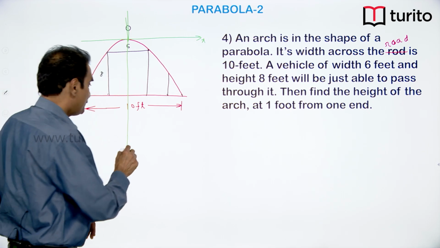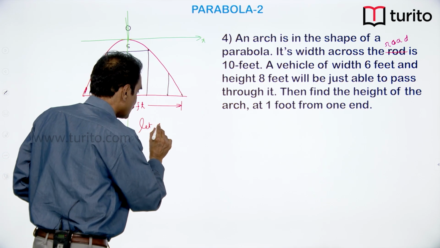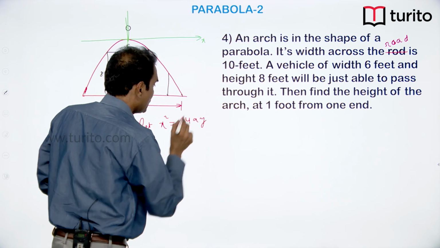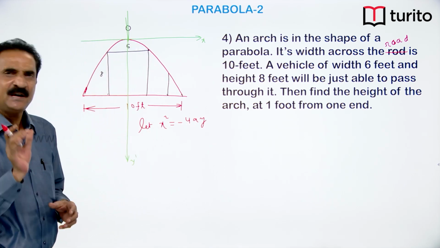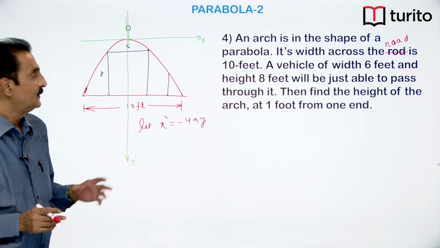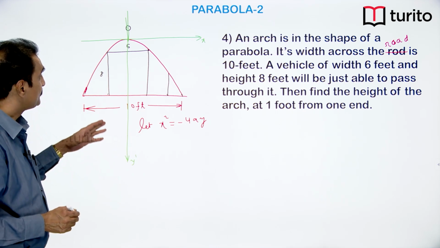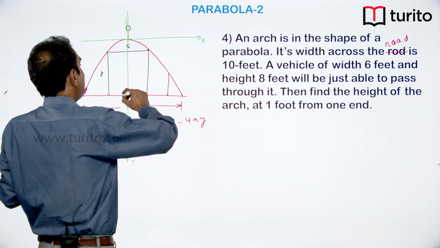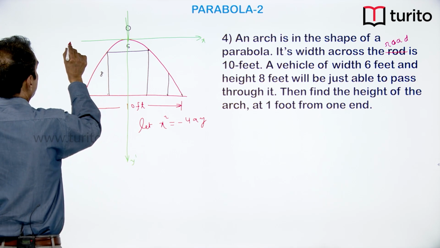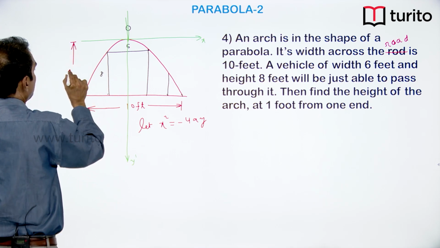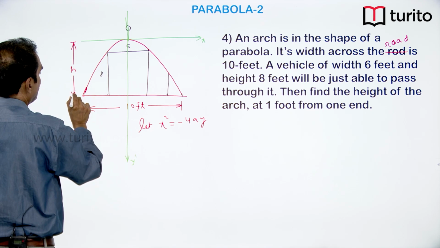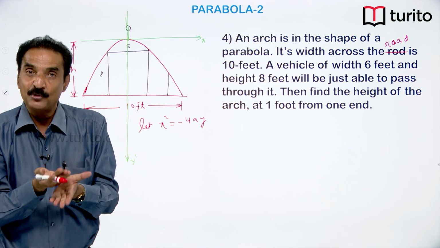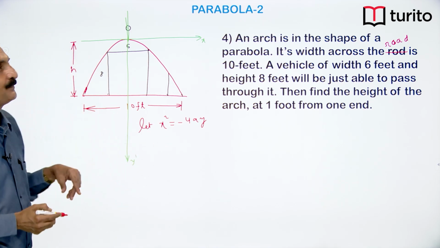Let the parabola be x square is equal to -4ay. a is always positive. Now, let the height of the arch above the road level be h.